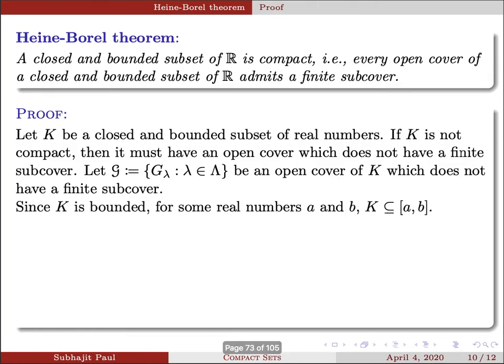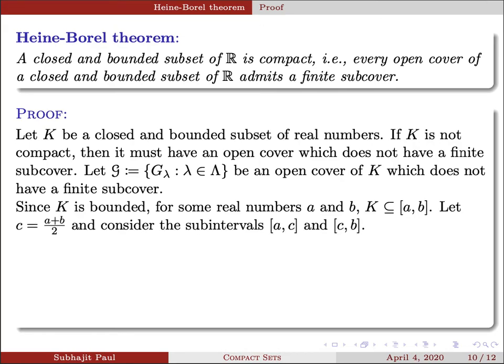Now our argument starts. Since K is bounded, for some real numbers A and B, K must be within the closed and bounded interval [A, B]. Since K is bounded, K must have an infimum and a supremum. So consider a lower bound A and an upper bound B. The entire K must be within the interval [A, B].